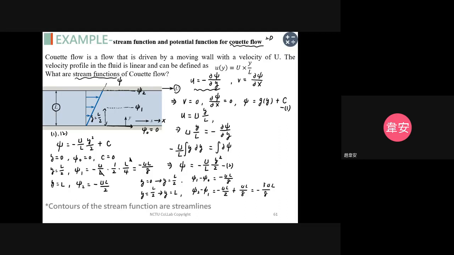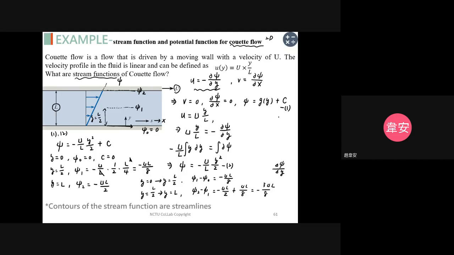That means the gradient, delta ψ divided by the y change, in here is larger than the gradient in here. So the streamline on the top will be more curved, but the streamline spacing between ψ1 and ψ0 will be larger.